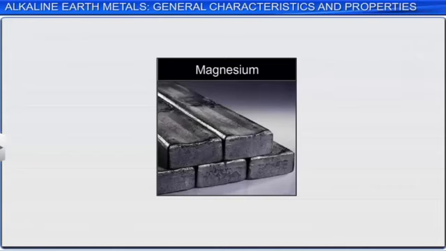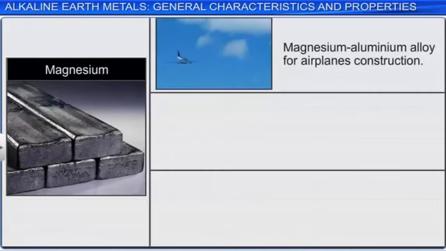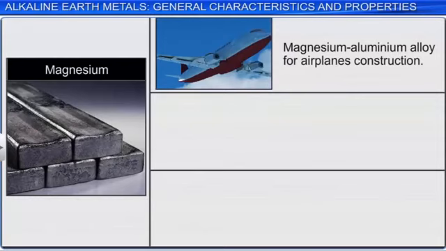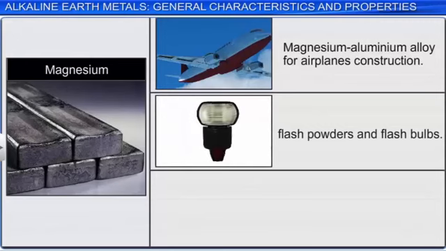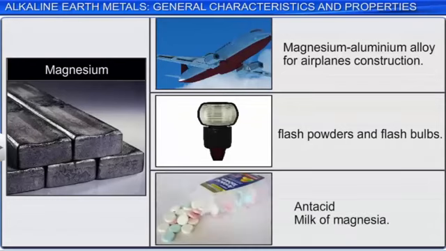Magnesium is also used to prepare alloys. A magnesium-aluminium alloy is used in the construction of airplanes. Magnesium metal is used in flash powders and flash bulbs for cameras. Milk of magnesia, a suspension of magnesium hydroxide, is used as an antacid.